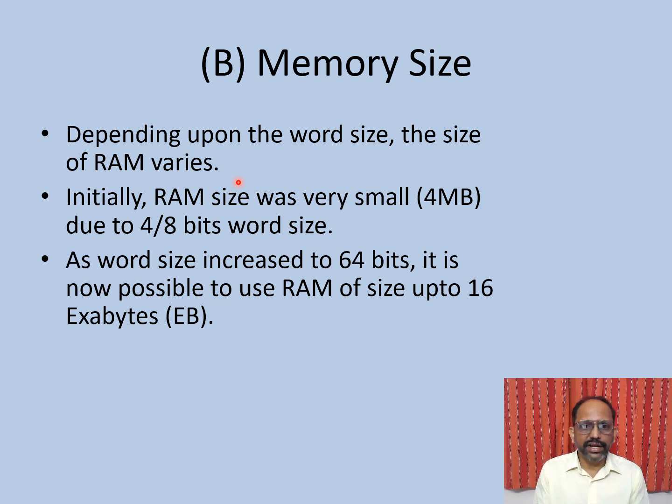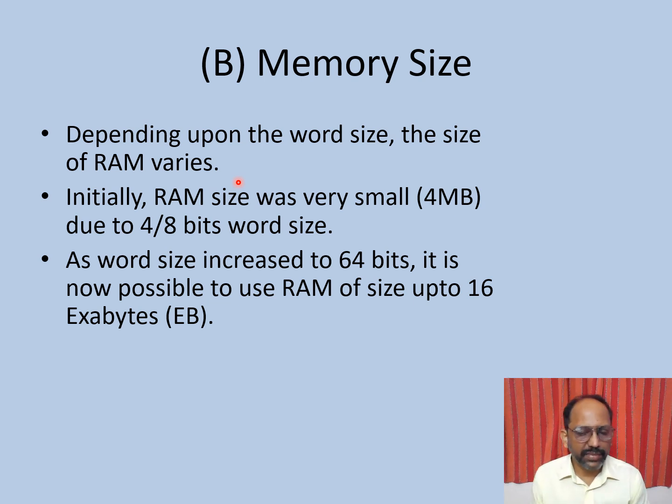The word size has increased to 64 bits nowadays in the latest computers. We have 64-bit word size capacity in the i3, i5 and i7 microprocessors. It can access RAM up to the size of 16 exabytes. EB stands for exabytes.